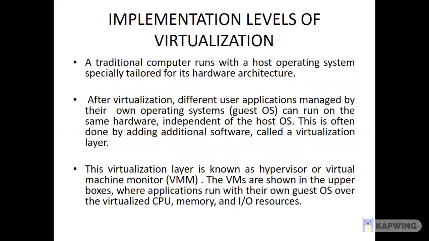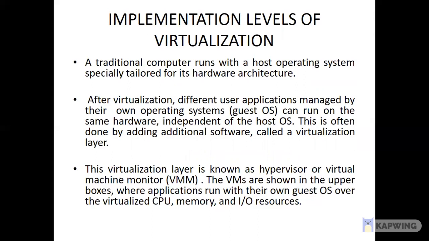So implementation levels of virtualization. Traditional computers run with a host operating system, specially tailored for its hardware architecture. After virtualization, different user applications managed by their own operating system, which we call a guest OS, can run on the same hardware, independent of the host OS. This is often done by adding additional software called a virtualization layer.